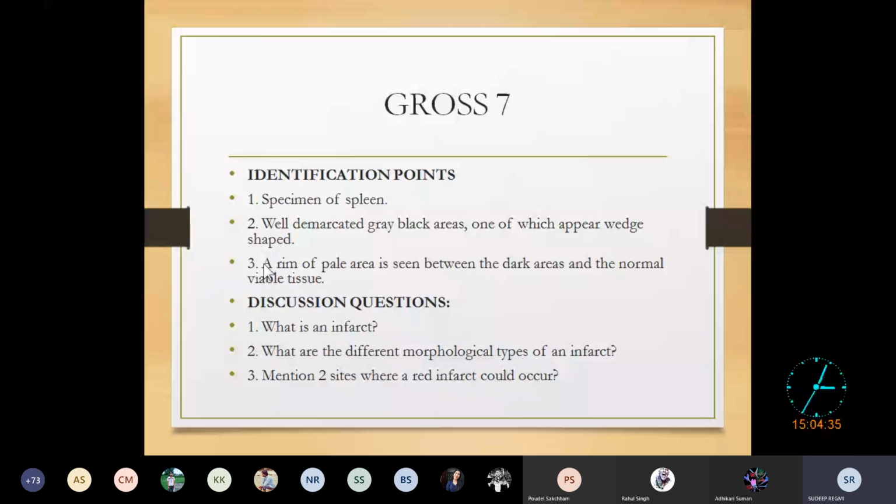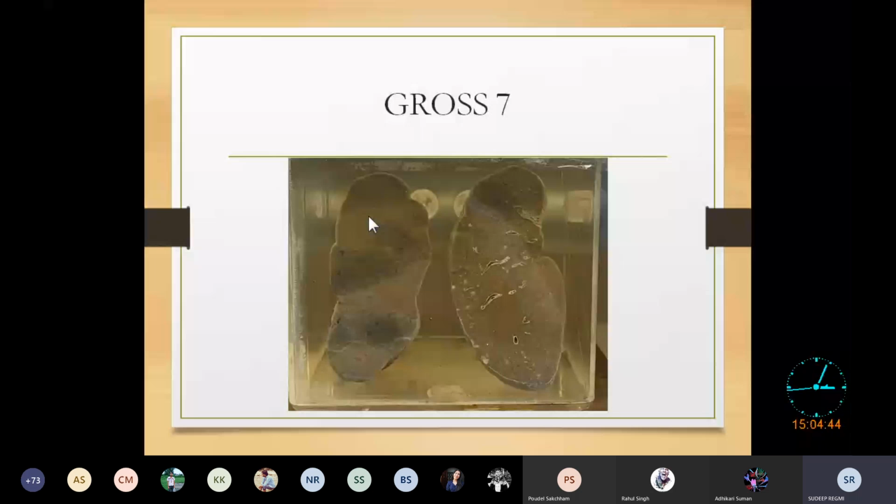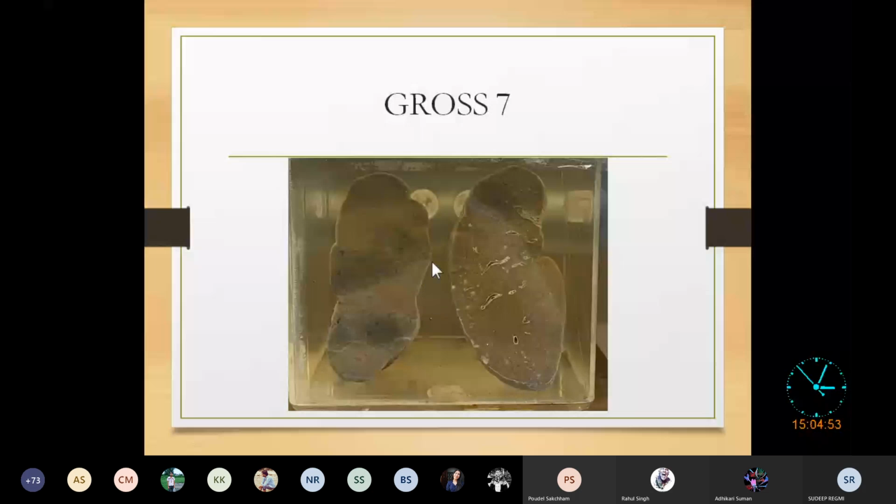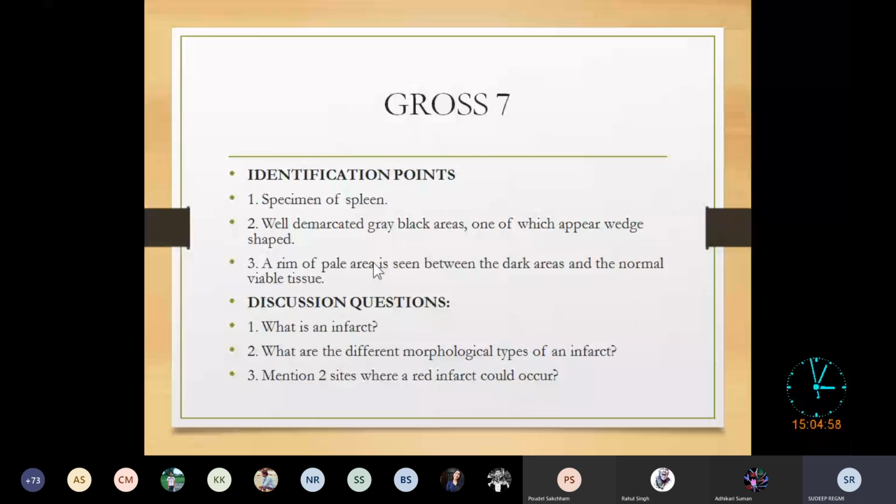This is a specimen of a spleen where you can see the areas. Here you can see a wedge-shaped infarct. A rim of pale area is seen between the dark areas and the normal viable tissue.